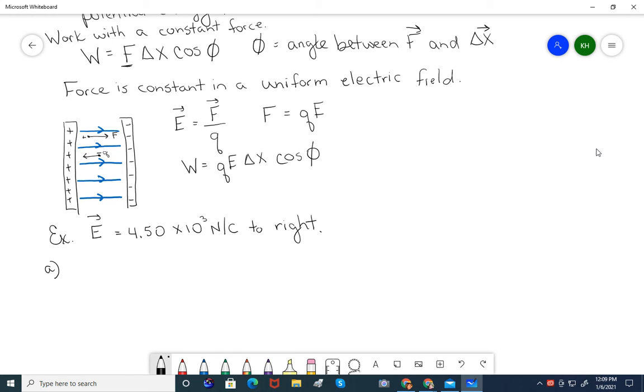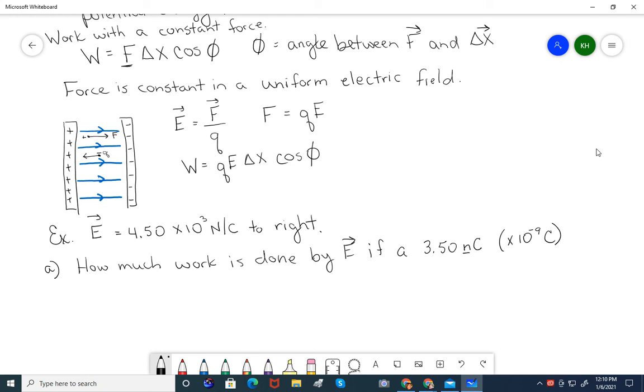First question, how much work is done by the electric field if a 3.50 nanocoulomb, I don't know if you remember nano, that means times 10 to the negative 9 coulombs.